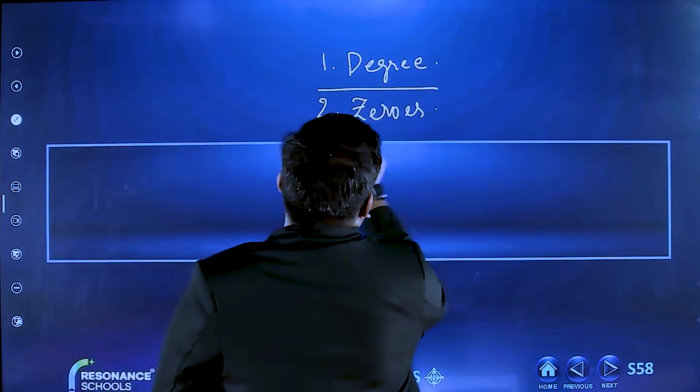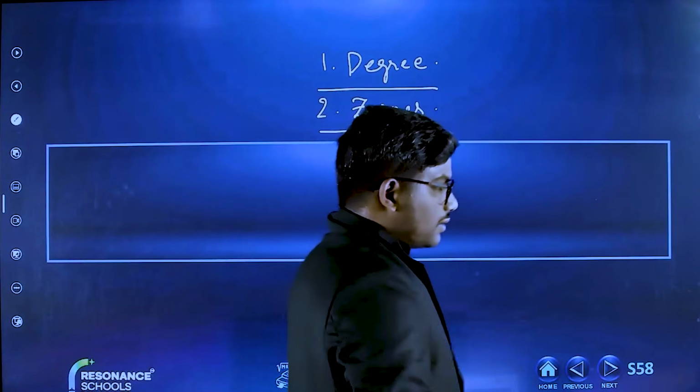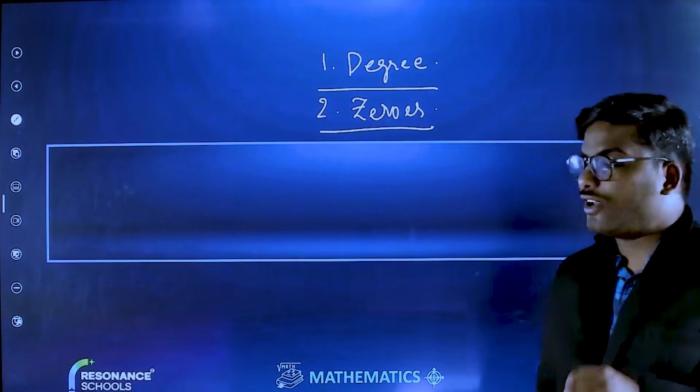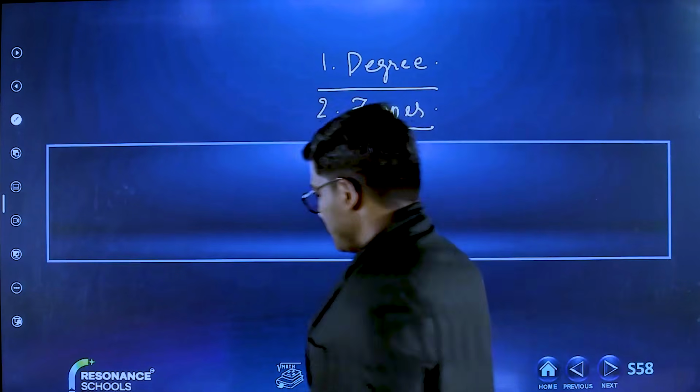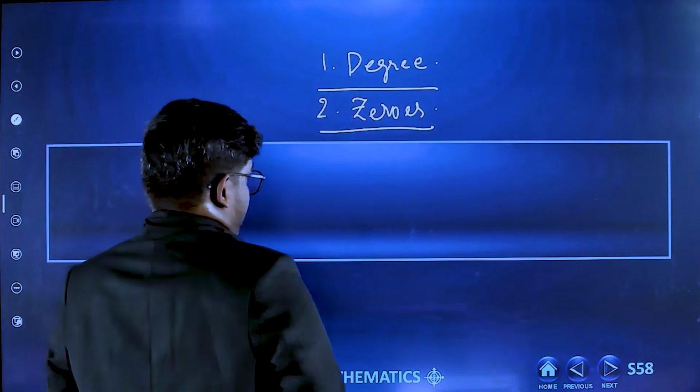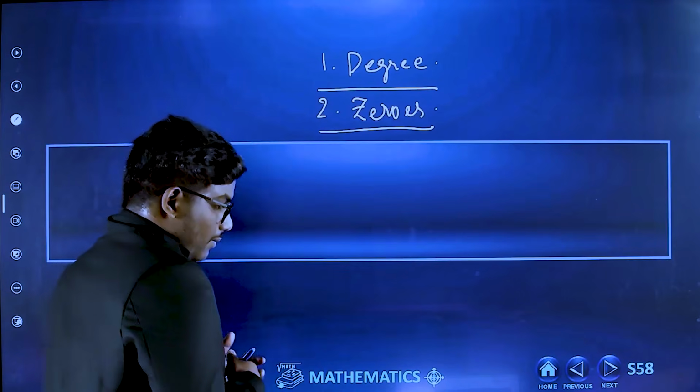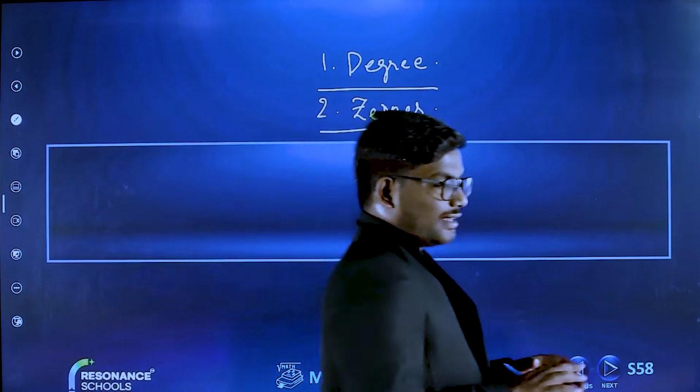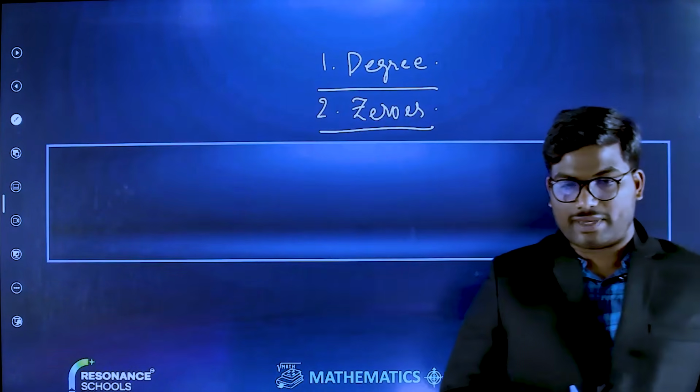Now, degree and zeros. When I talk about the degree of a polynomial, before we get into the degree, I think we're now clear with what exponents mean, right?